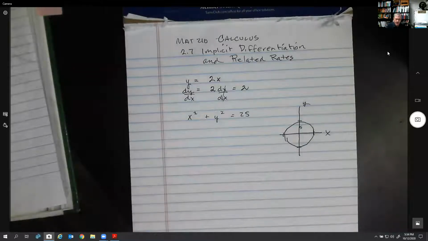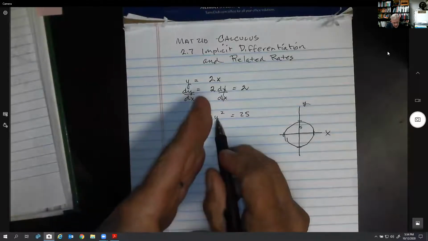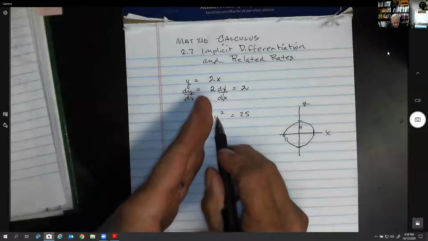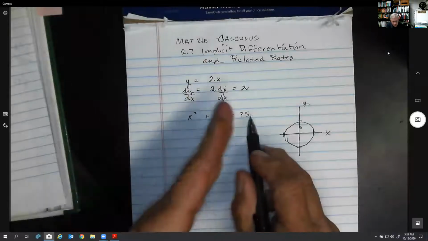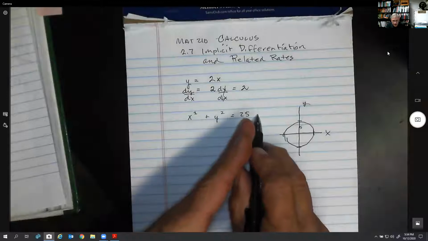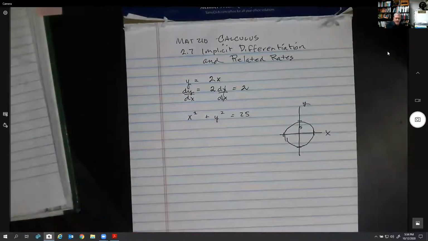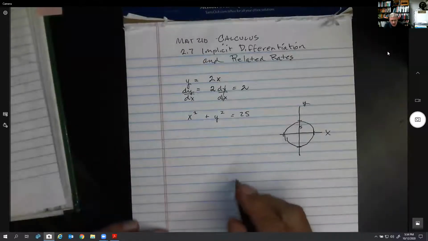But let's find what the derivative of this is. To do that would be kind of difficult because we have to solve this for y. So for y squared, we have to bring over the x squared to the other side, makes it 25 minus x squared, and we have to take the square root of that. And then we have to do a bunch of other stuff to it.